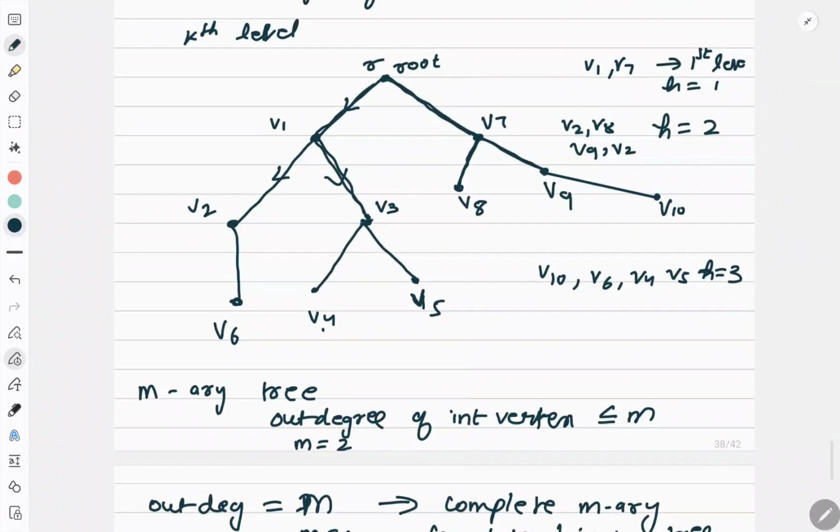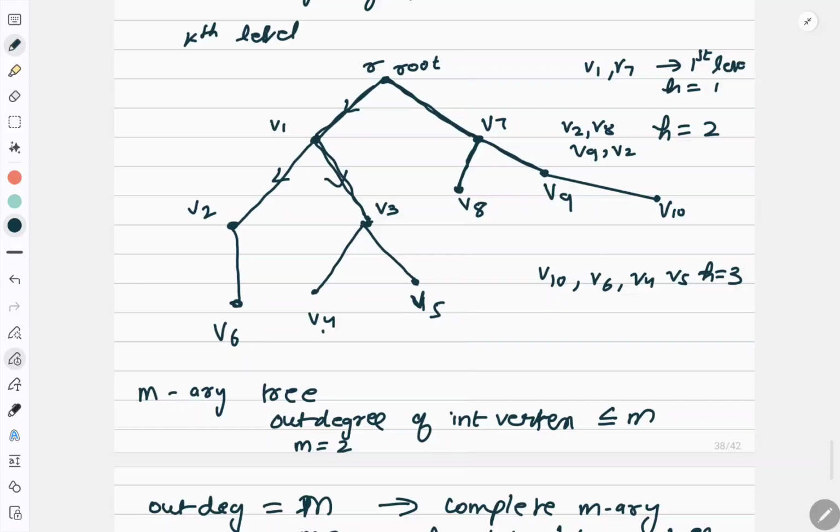Like here in this example, if you observe, I do have vertices with level 1, 2, and 3 is the highest level. So it is not a balanced tree. For being a balanced tree, the level has to be either H or H minus 1.